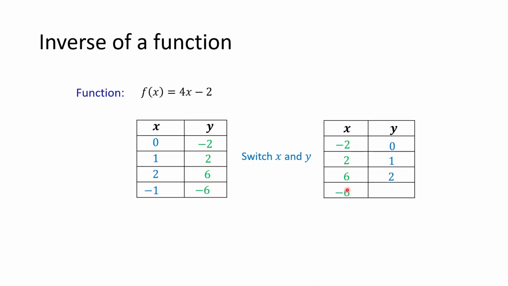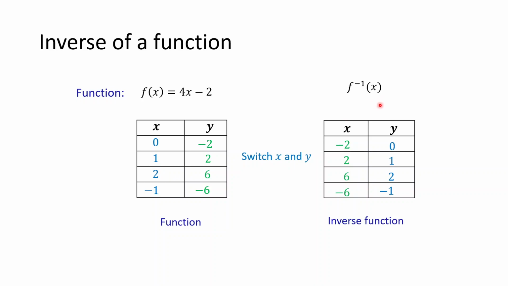So negative 6, negative 1. This is the inverse function. So this represents the inverse function of this function. So this is the function and this is the inverse function. You get to the inverse function by switching x and y.